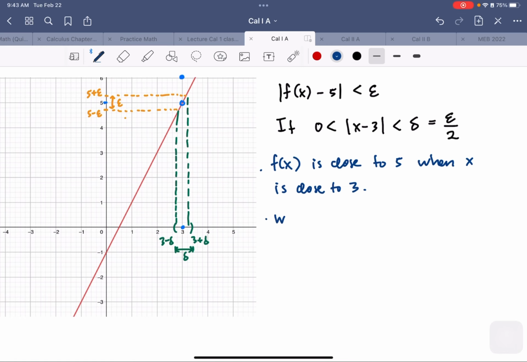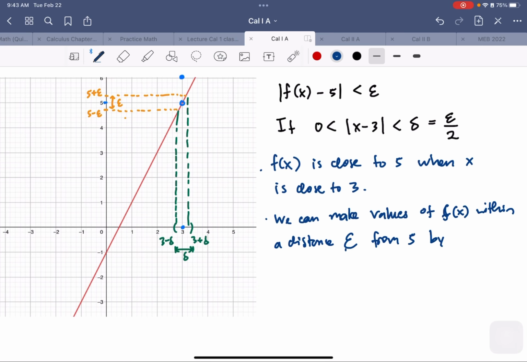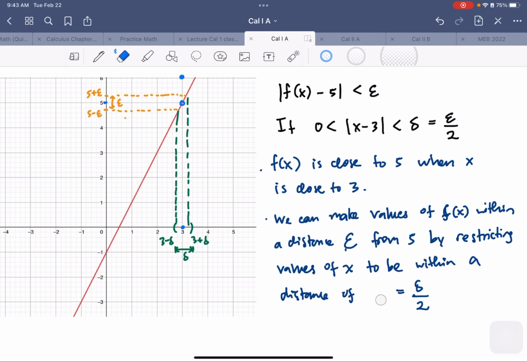That we can make values of f of x within an arbitrary distance, or within a distance epsilon from 5, by restricting values of x to be within a distance of delta, epsilon over 2, sorry.